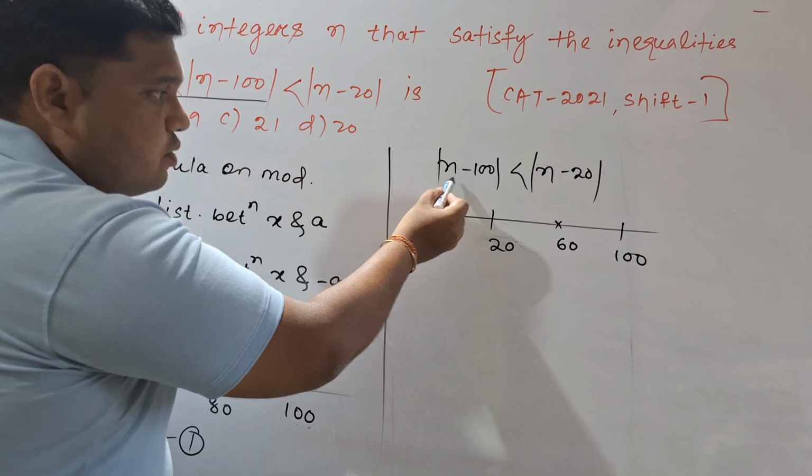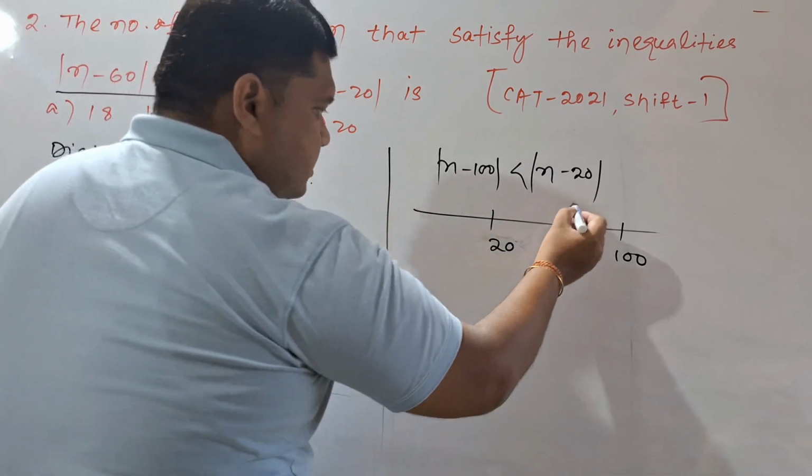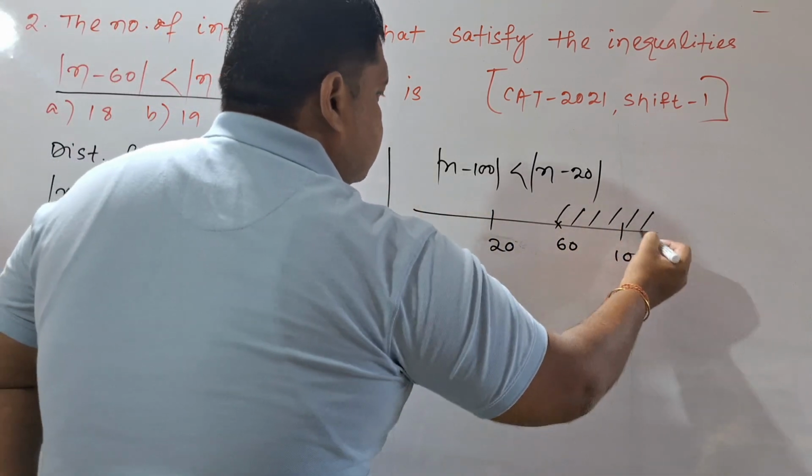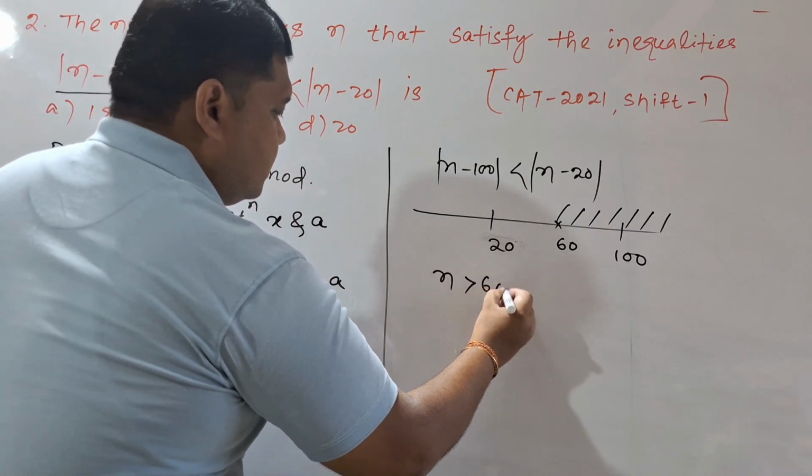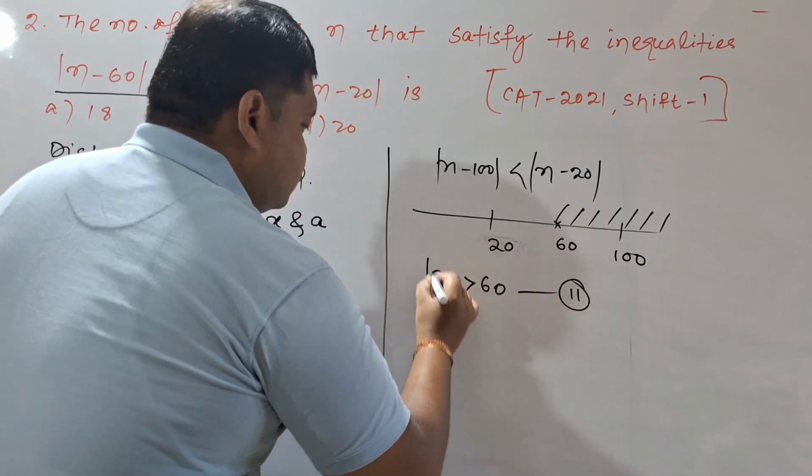So n is closer to 100, which means this region, and I have to select this region. That means here n is greater than 60.